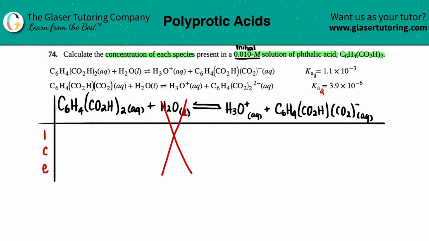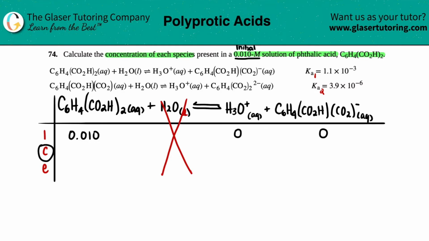Okay, so initially they told us that we had 0.01 molar of the phthalic acid. That's this one. So I have 0.010. Thank goodness it's already in molarity, right? They didn't state that I started off with any hydronium or any of the conjugate base, so I have to assume that I had none. And that makes it easy for the change.